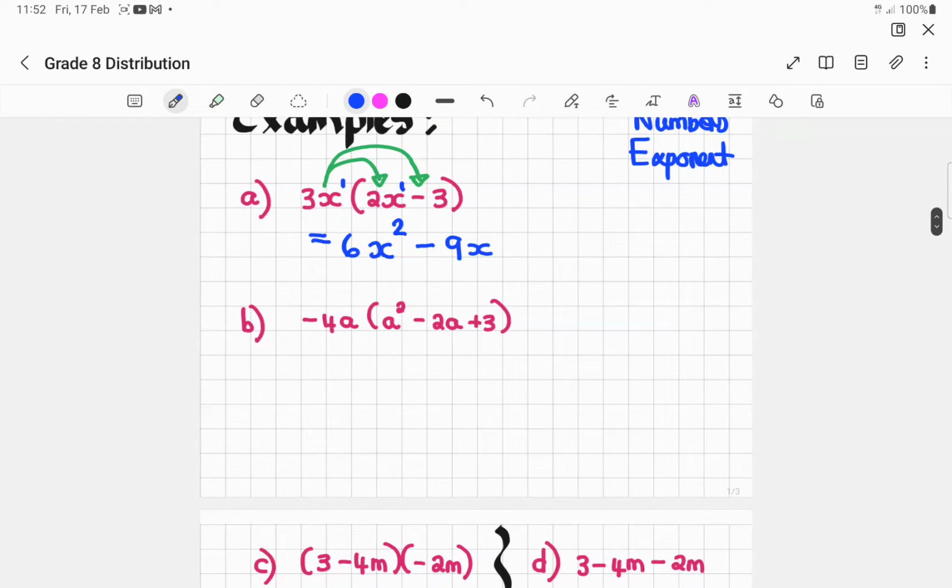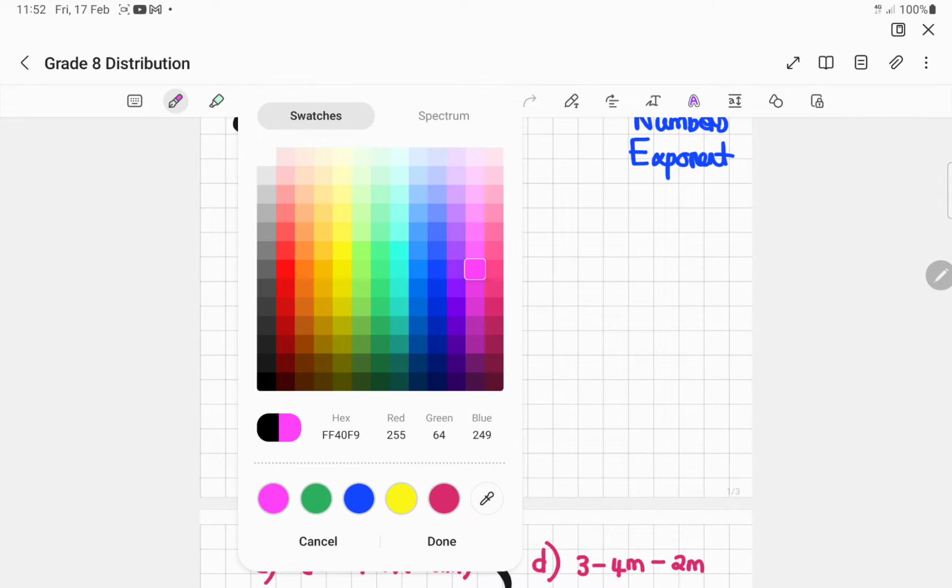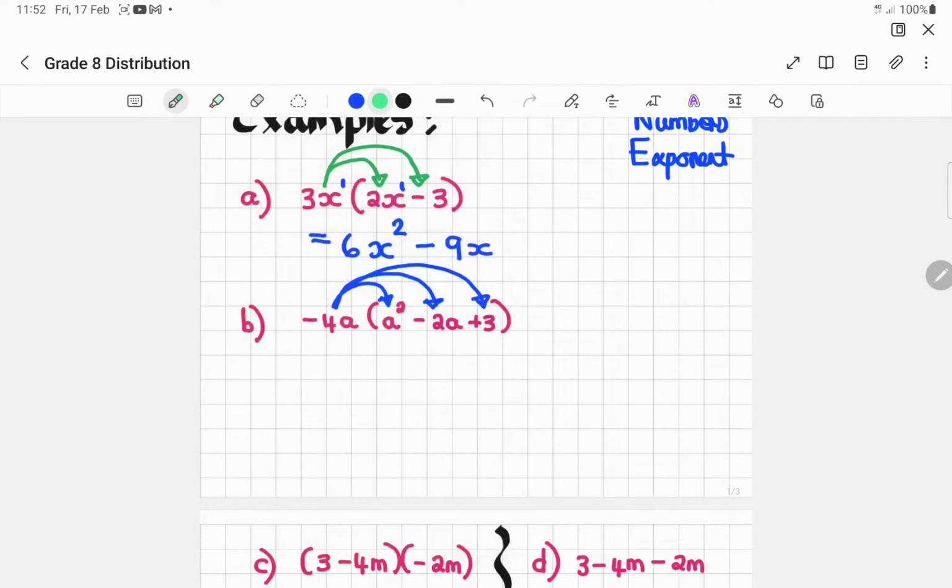All right, so the same with this one. If we have to distribute, a negative 4a, fancy word for distribute is multiplying. So we're going to multiply the negative 4a with a squared. And we're going to multiply the negative 4a with a negative 2a, and also with a positive 3. Let's look at what our answers will be.